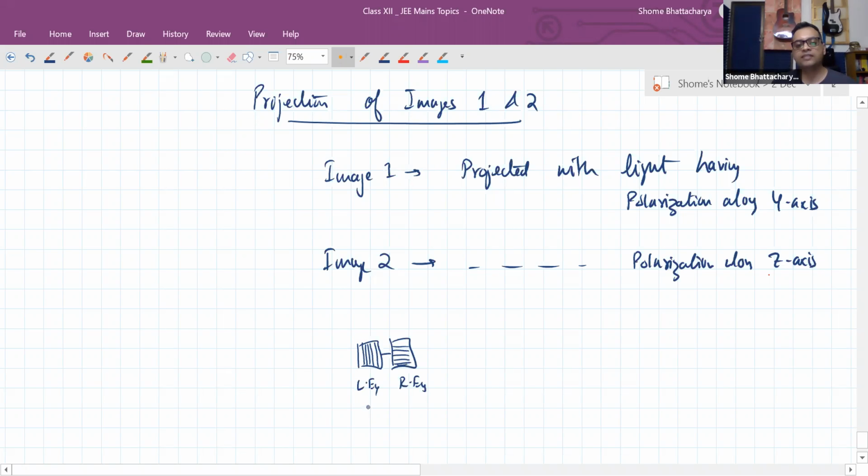So what is happening? Your left eye will see only image 1. Image 2 is blocked out because the light coming from image 2 is polarized along the z-axis, and this Polaroid filters out the light along the z-axis. Similarly, your right eye sees only image 2.